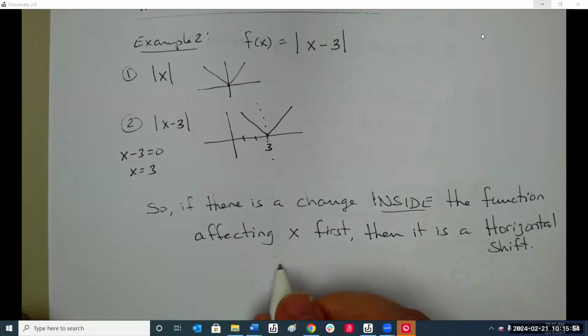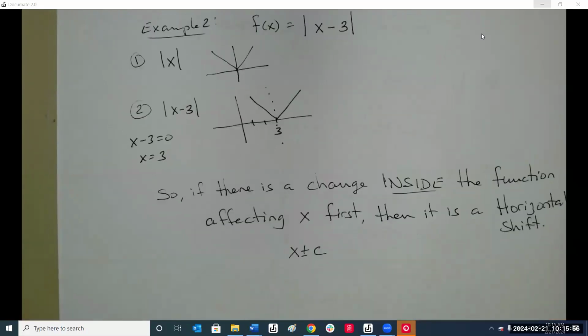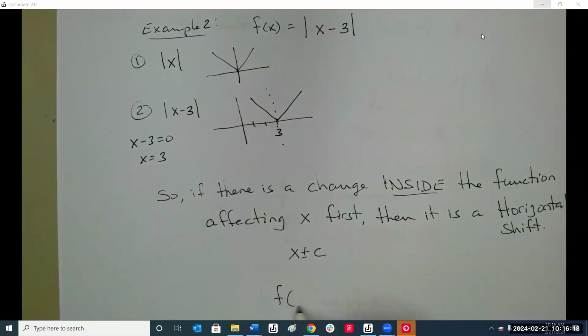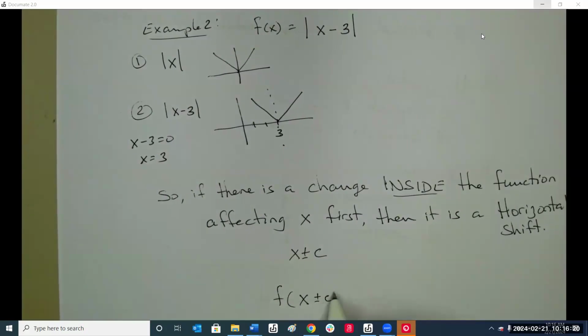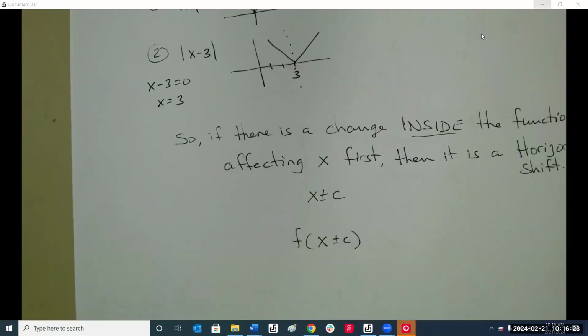In other words, if we have x plus or minus some number before you do the operation of the function. So that was this kind of change. If it happens inside the function and affects x, you have to change x first before you take the square, the absolute value, whatever.